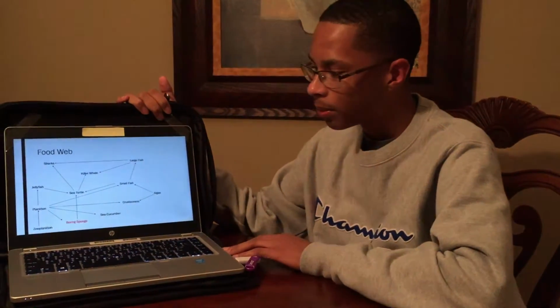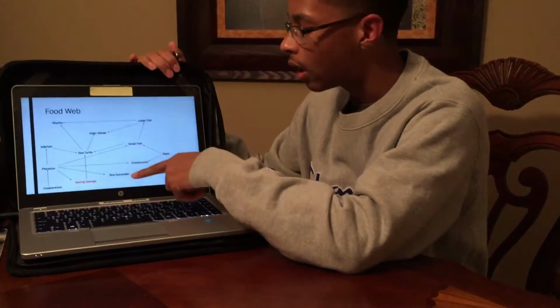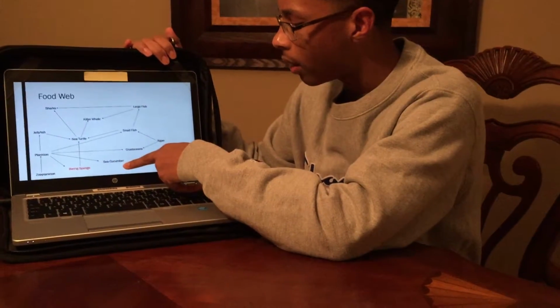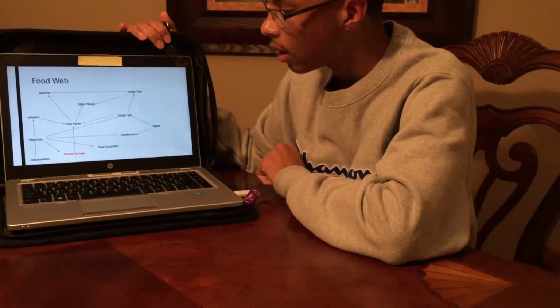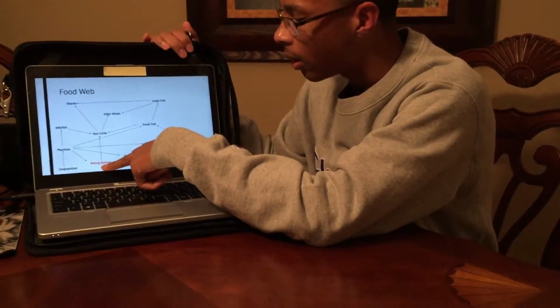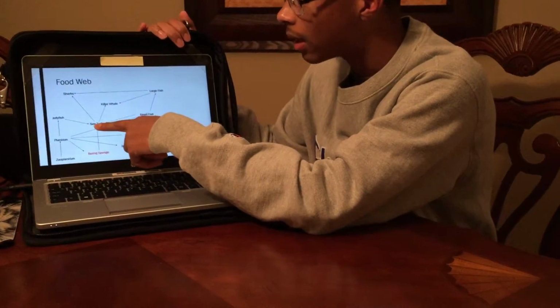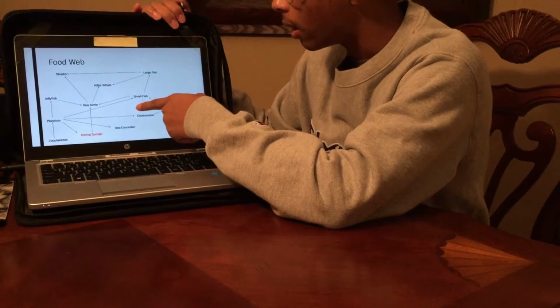So for the food web, it starts with zooplankton, which is eaten by plankton, and so the plankton is eaten by the boring sponge, jellyfish, the sea cucumber, crustaceans, and small fish. And then we have the boring sponge, which is eaten by the sea turtle, and the sea turtle also eats jellyfish and small fish.